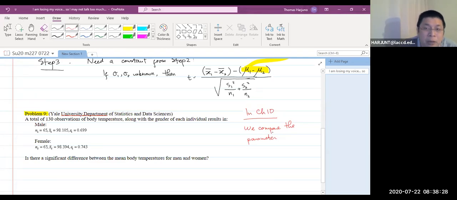We have the sample mean, we don't have the population mean, okay? But in chapter 10, we compare the sample mean and try to infer about the population mean against a number. Against a fixed number.